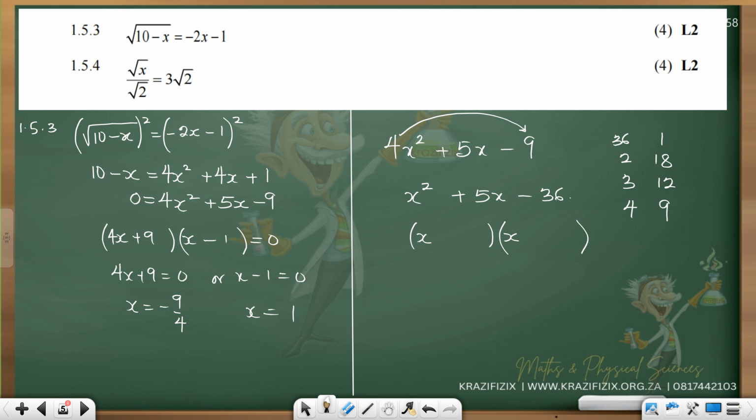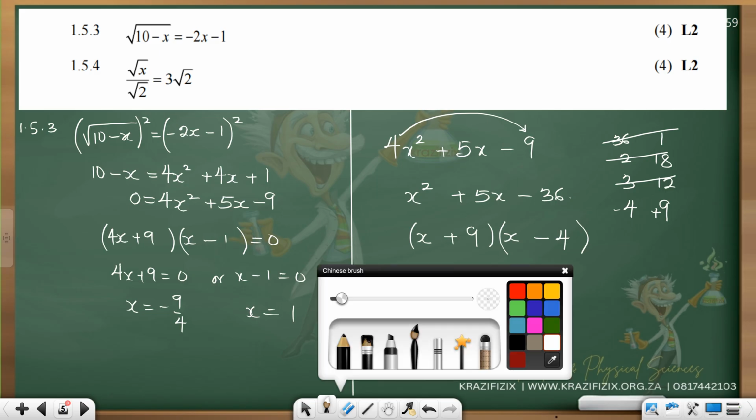But I need a pair that can give me 5 when I add or subtract. Which is 4 and 9. So all of these are gone, right? Because the difference is not 5. So to get positive 5, it has to be a positive 9 minus 4. Are you okay there? Yes. All right. So x plus 9, x minus 4. Are you with me?